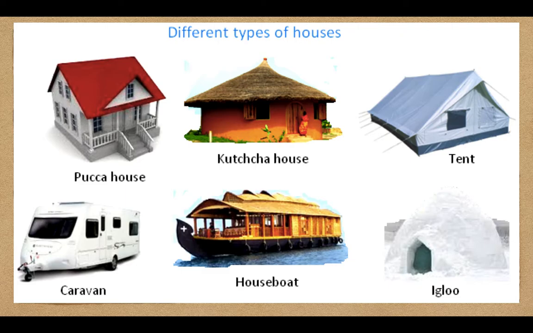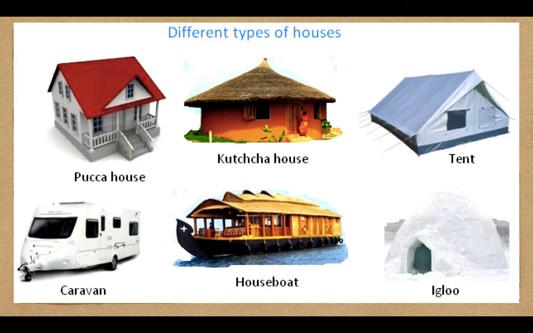Even flats and apartments are one type of pakka house, made up of cement and concrete. Pakka houses are divided into categories: flats, bungalows, then palaces, castles.